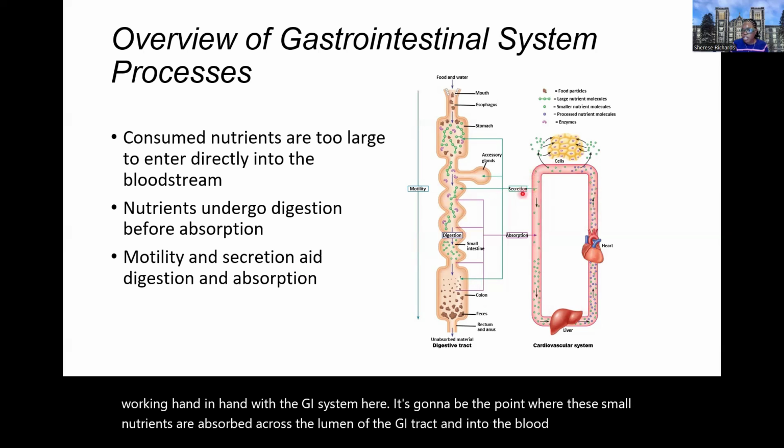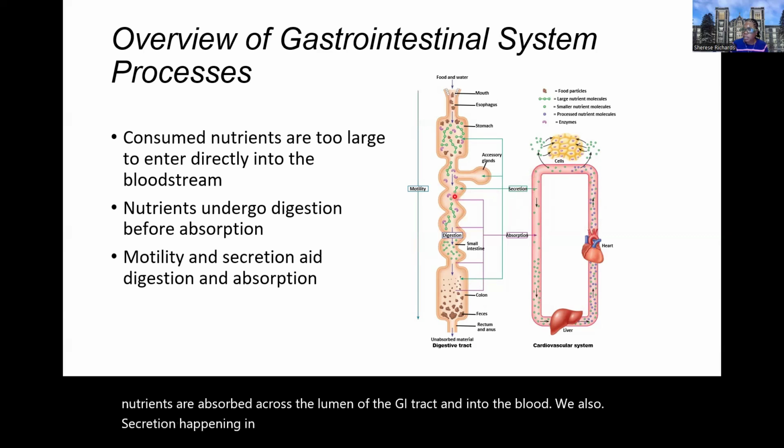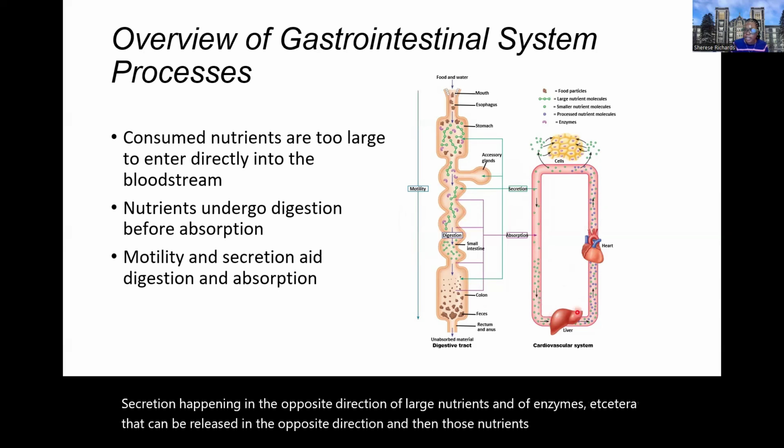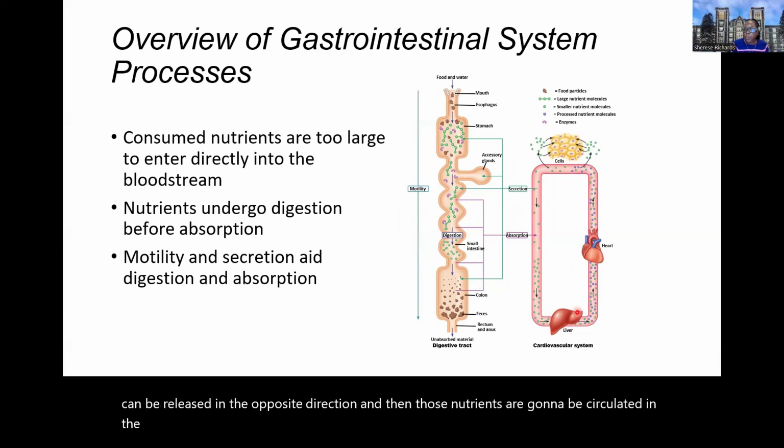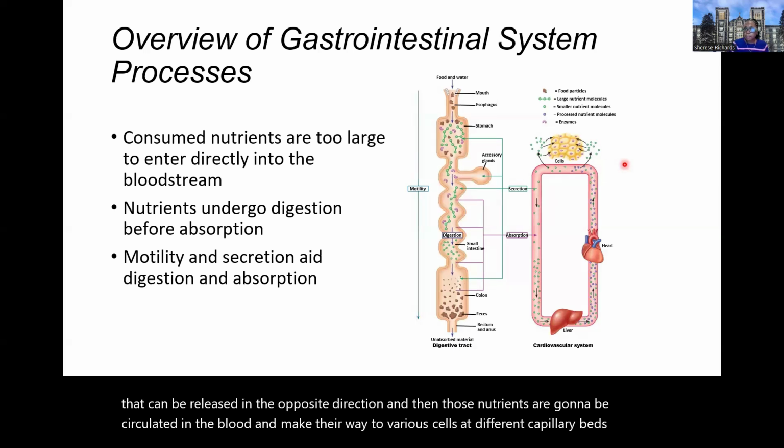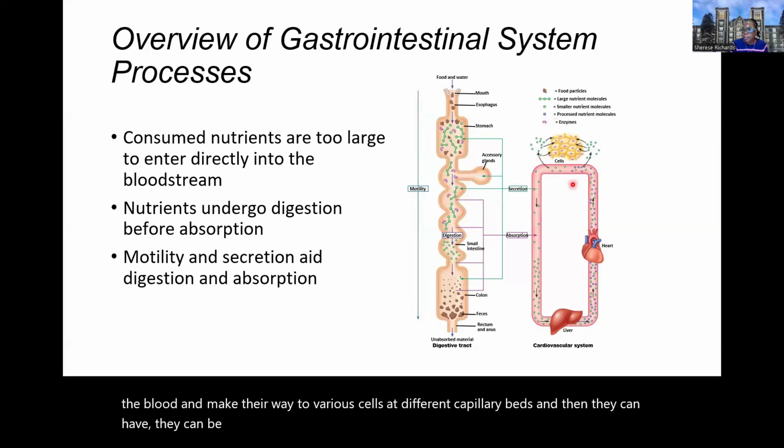We also have secretion happening in the opposite direction of large nutrients and of enzymes, etc., that can be released in the opposite direction. And then those nutrients are going to be circulated in the blood and make their way to various cells at different capillary beds, and then they can be exchanged across different capillary beds to nourish various tissues.